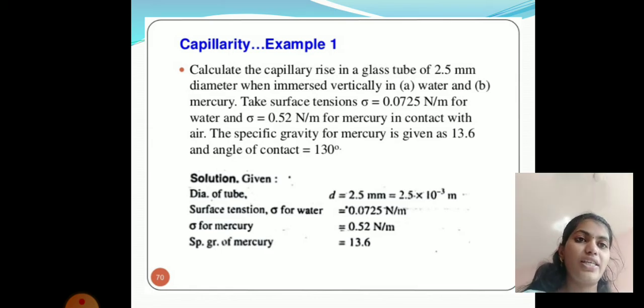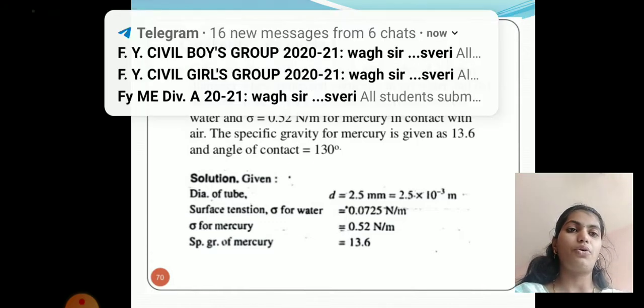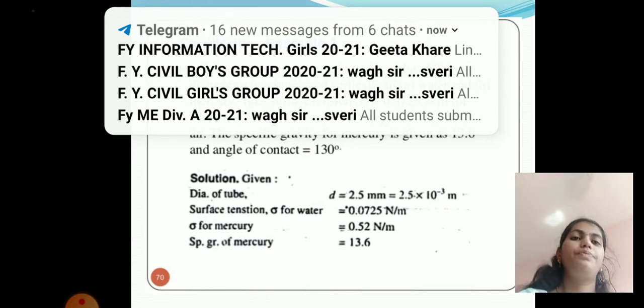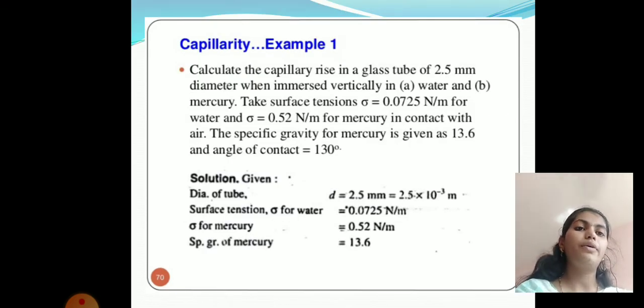Calculate the capillary rise in a glass tube of 2.5 mm diameter when immersed vertically in water and in mercury. Take surface tension sigma for water as 0.0725 Newton per meter, and for mercury as 0.52 Newton per meter, in contact with air.